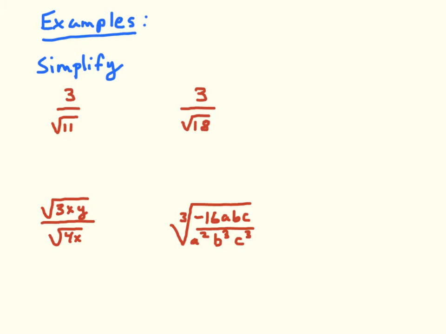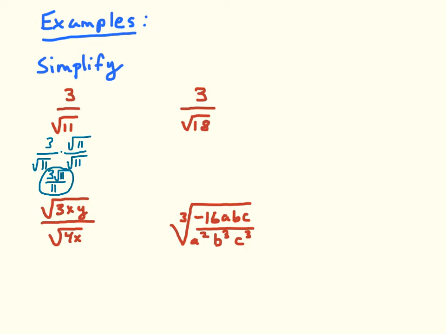Okay, so let's see how this helps us. If I have 3 over the square root of 11, I'll just rewrite it, and then I'm going to multiply by the square root of 11 over the square root of 11, and I'll leave my final answer here, 3 root 11 over 11, because that's the square root of 11 times the square root of 11, so now that's considered simplified.